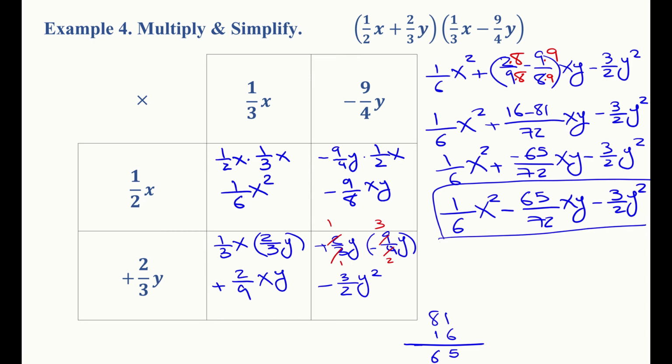So no different from the ones with the whole numbers, with the exception that you have to take a little bit more care to make sure you don't make any careless errors. That's all. Otherwise, the procedure is exactly the same. And you have fractions, so if they're unlike, you know what to do. Just find the common denominator and handle it.